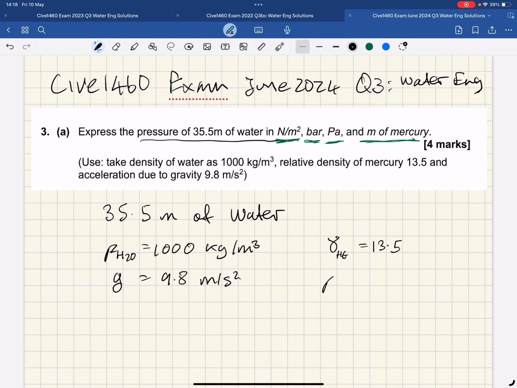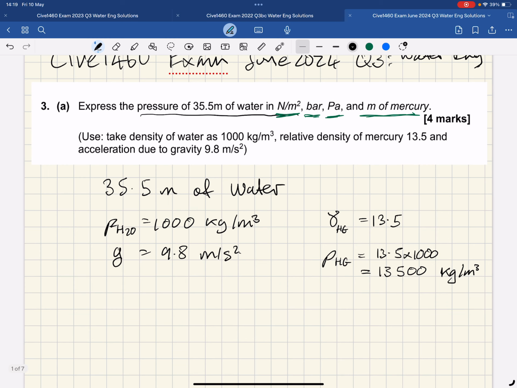So rho of mercury is 13.5 times 1000, which equals 13,500 kilograms per meter cubed. Okay, anything else from the question?